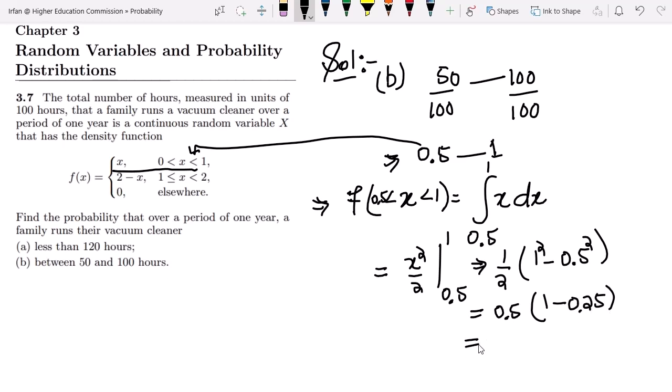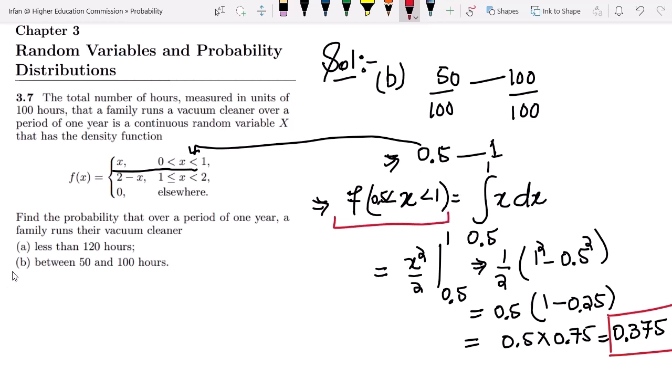Ultimately it will be 0.5 multiplied by 0.75, which gives me the answer 0.375. This is the solution of part B of my question, which is given by this expression and also written here.